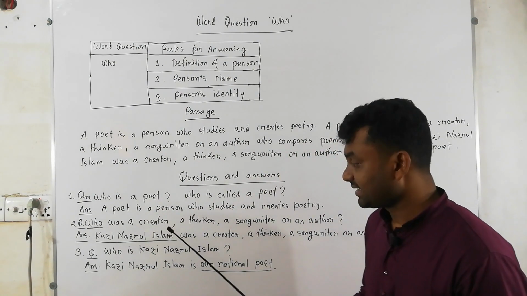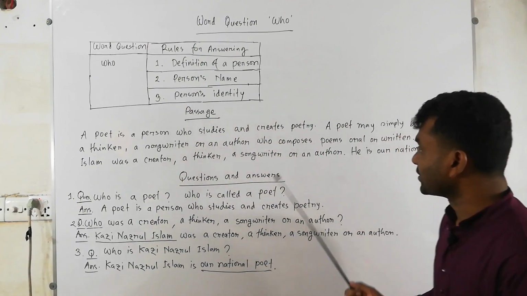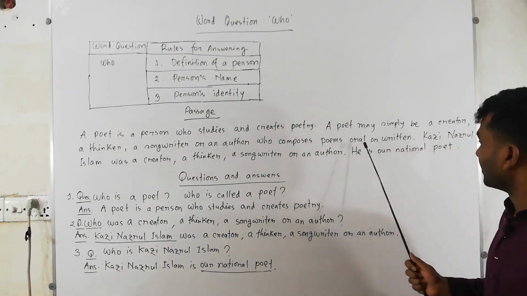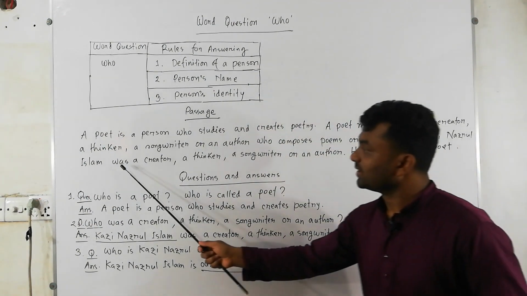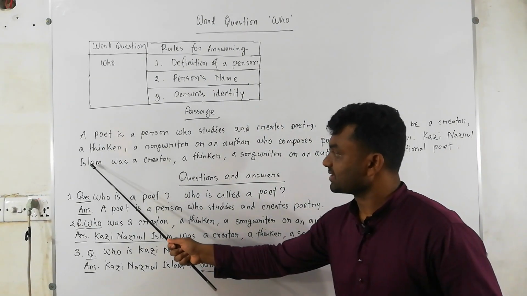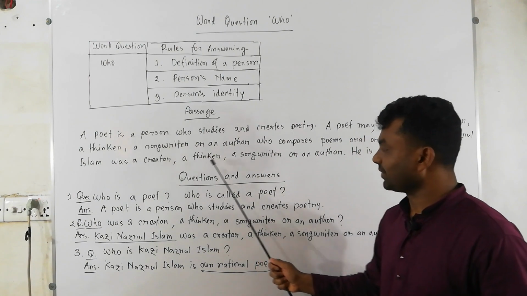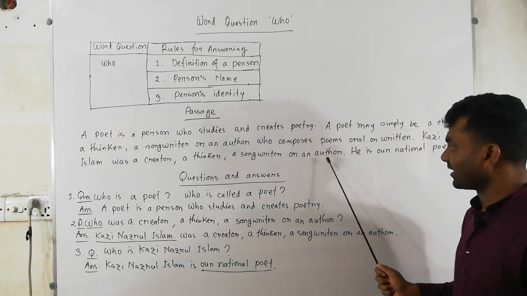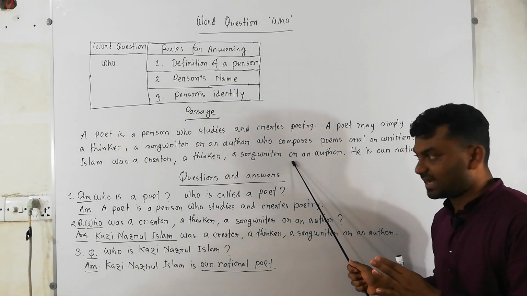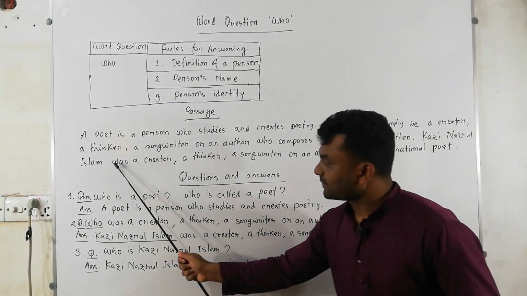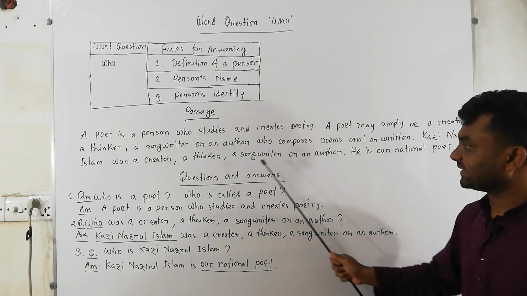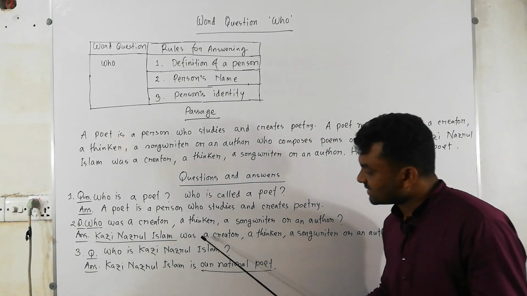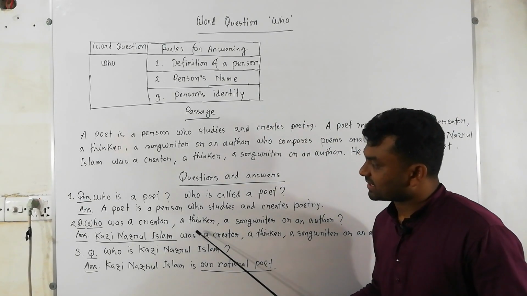And okay, we are looking back to our passage. Here we go. There is a sentence. Qazi Nazrul Islam was a creator, a thinker, a songwriter, or an author. Okay, take a look at this line. After the verb and up to the full stop, this part matches these questions.